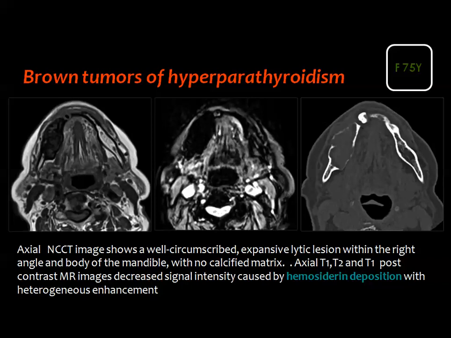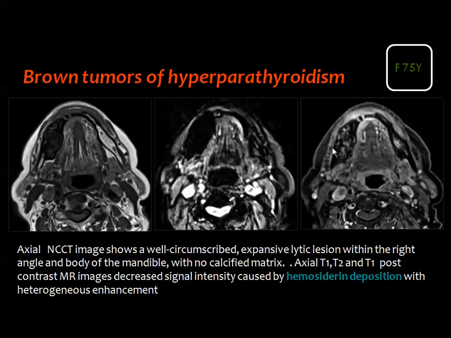These lesions are unilocular and they are expanding, and they contain material which is rich in hemosiderin. Then if you have the MRI, in the T1 weighted image, you get the black appearance of the lesion, and in the T2 weighted image you have a more dark appearance of the lesion, and if you inject contrast you may get some minor enhancement.